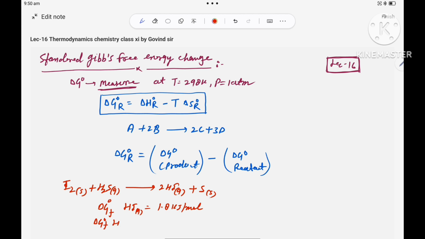For H2S gas it is 30 kilojoule per mole. Find delta G naught of reaction.